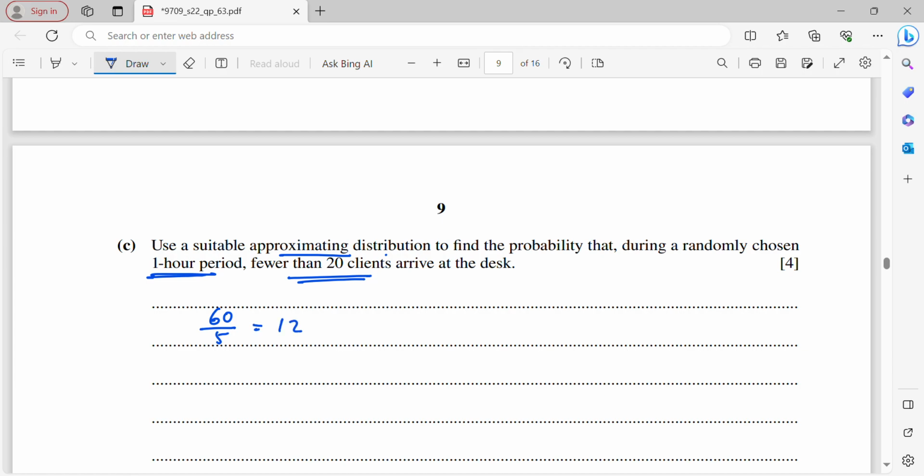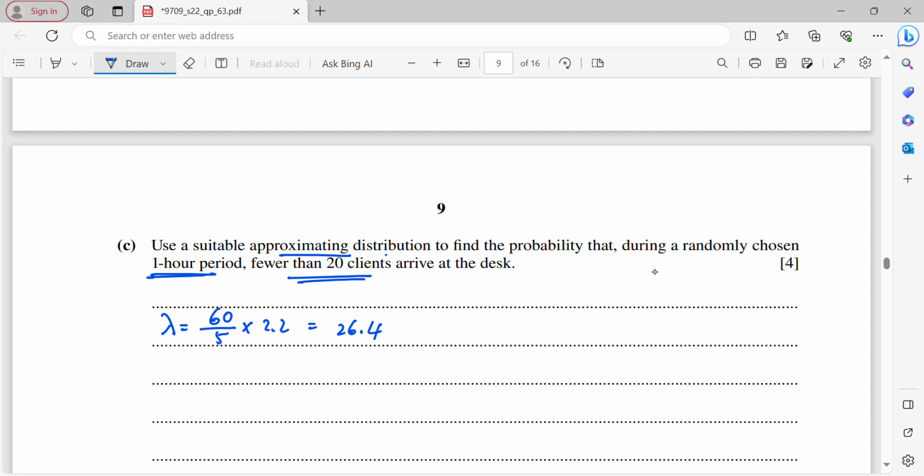It will be 12. That means it will be 12 times of 5 minutes. So my new lambda is going to be 12 times 2.2. Or probably I will just directly solve here. So now my lambda is going to be 60 over 5 times 2.2. Alright, so it will be 26.4.